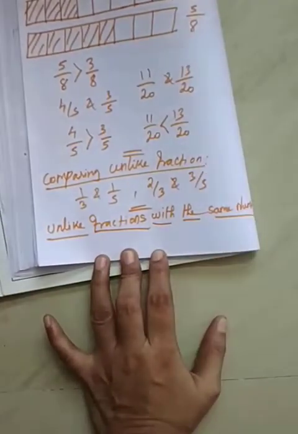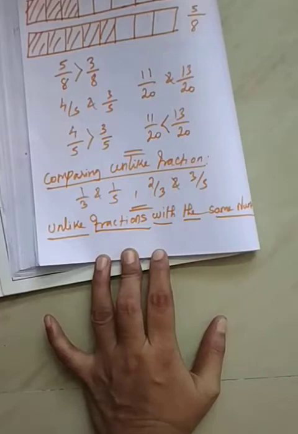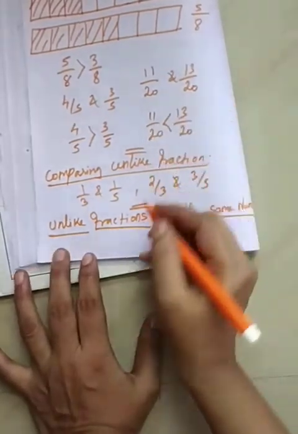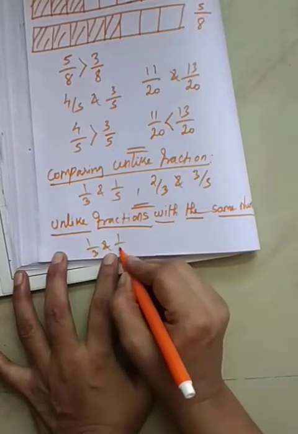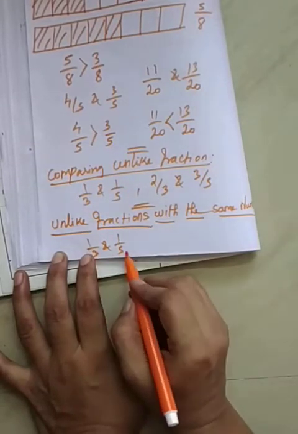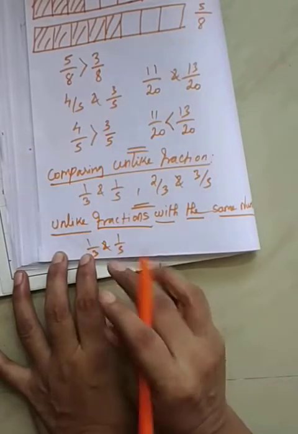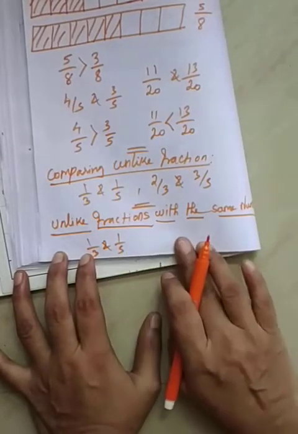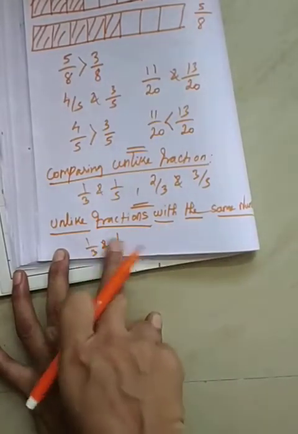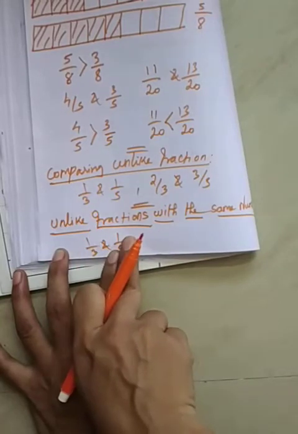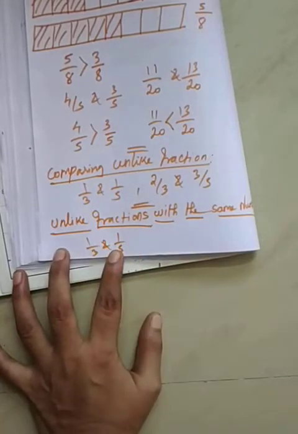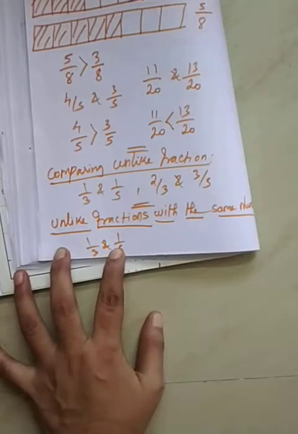See here. Consider a pair of unlike fractions, 1 by 3 and the same example 1 by 5. See, the denominators are different, so that is an unlike fraction. See the same numerator. What is the numerator? 1. This one is 1. Next one is also 1.